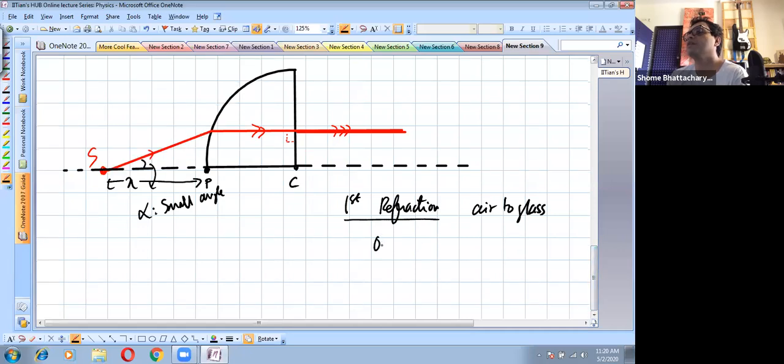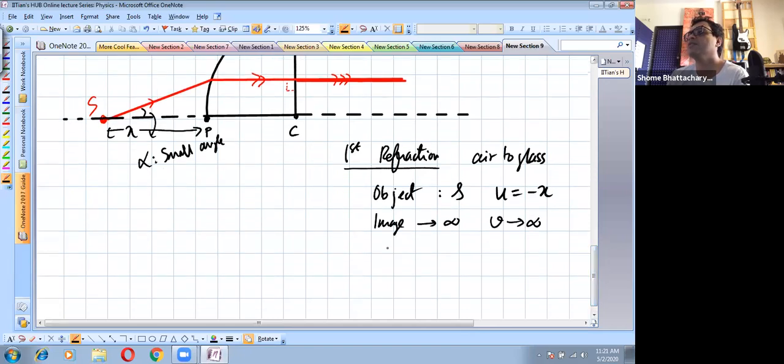The object distance s we should take as minus x. The image should go to infinity because the rays here are emerging parallel. Only then after this also they'll remain parallel. So v should tend to infinity.